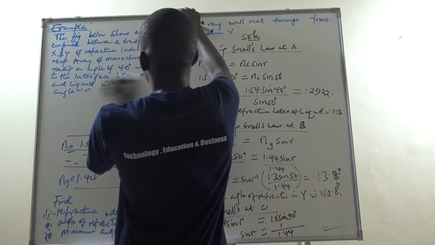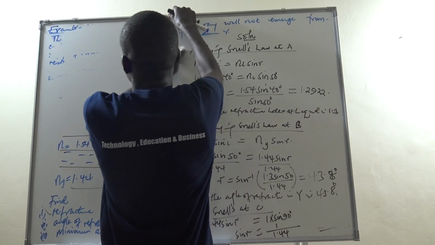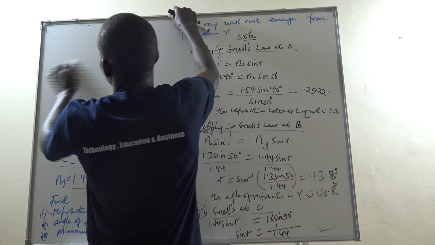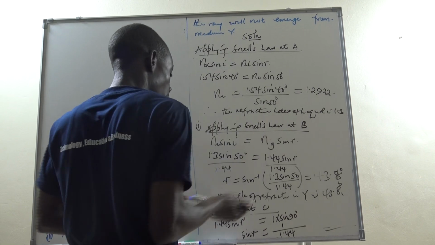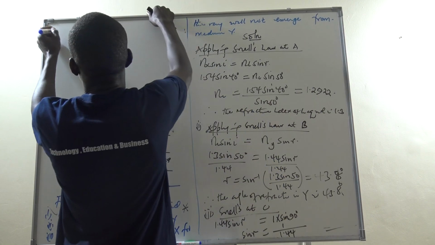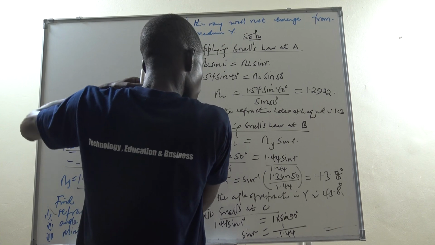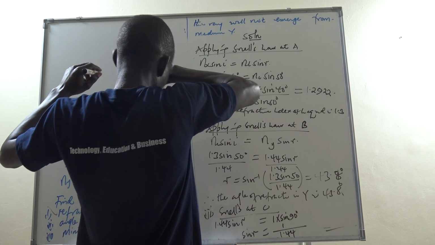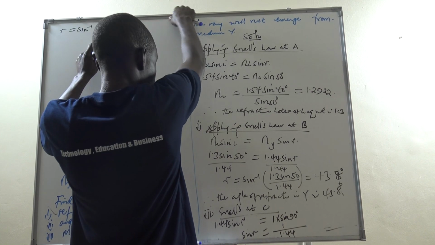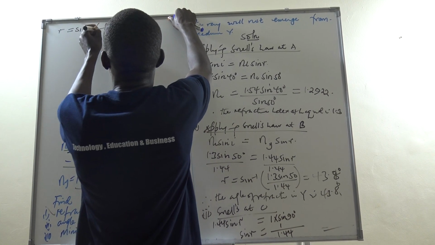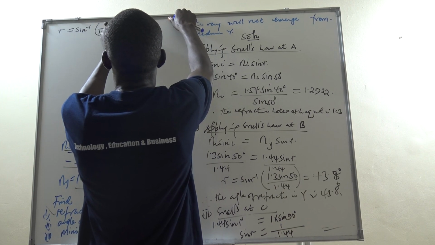I can now rub off this part here. And then I can say my R here, R is the sine inverse of 1 out of 1.44.